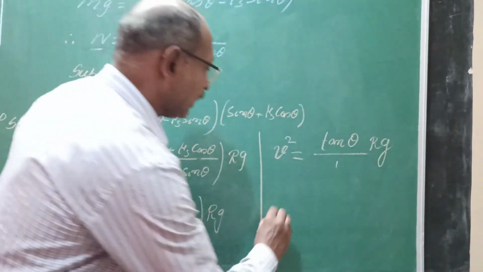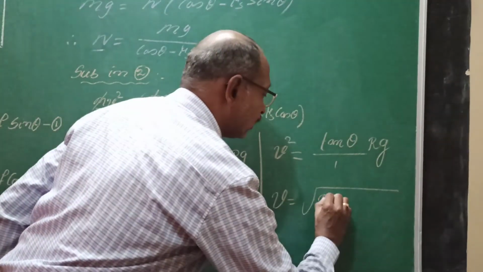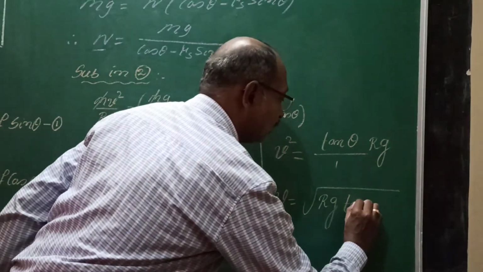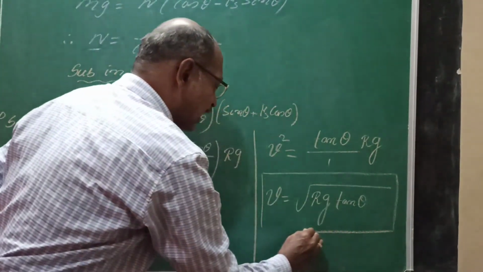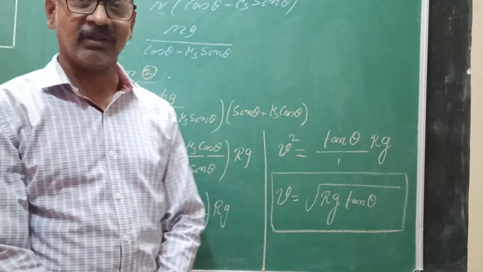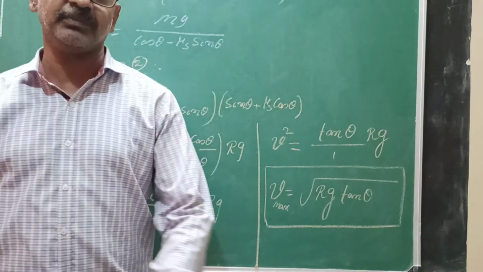So what is the final equation? v is equal to the root of r g tan theta. This is the maximum speed, v maximum.